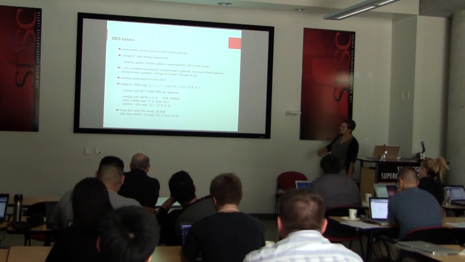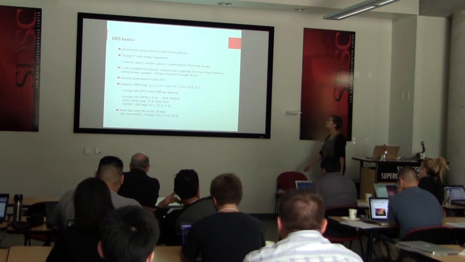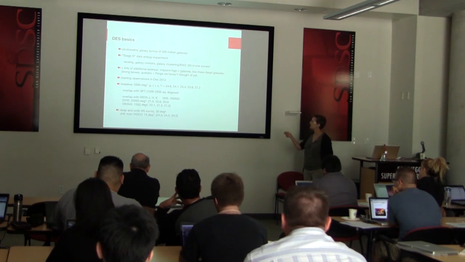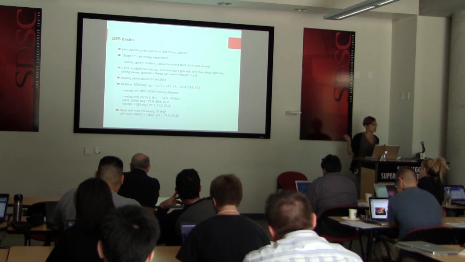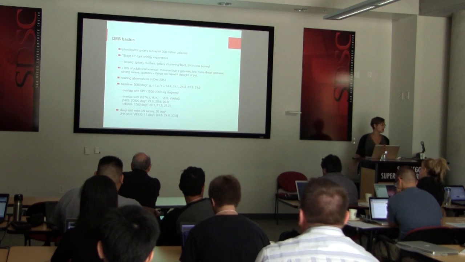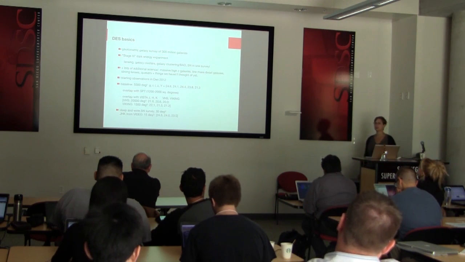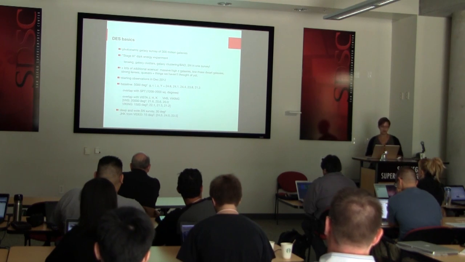That has been done to some extent in the local universe by Sloan, but this will do it out to redshift 1 and really measure dark energy independently with all of these methods. Of course, it's a galaxy survey. It will measure 300 million galaxies. I think there's actually going to be a lot more interesting science than the dark energy science, including some very interesting things in the local universe, and with very massive galaxies at high redshift.